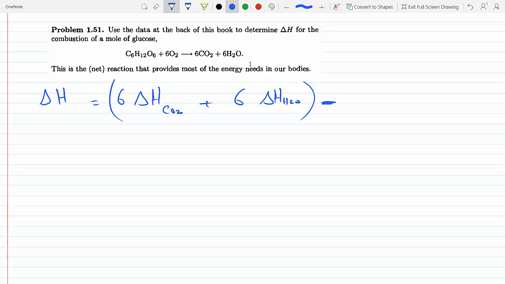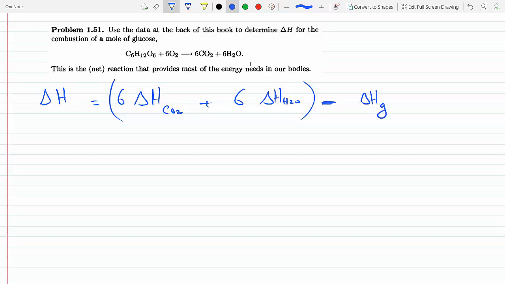So the net would be how much we created minus what they were formed from, which is glucose and oxygen. So this will be delta H for glucose.